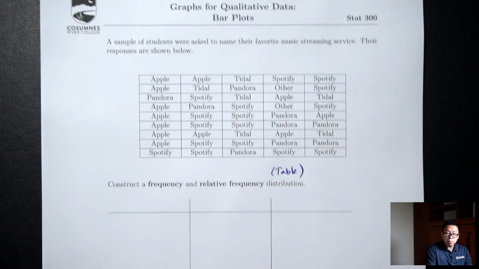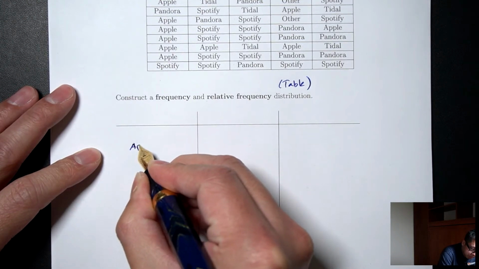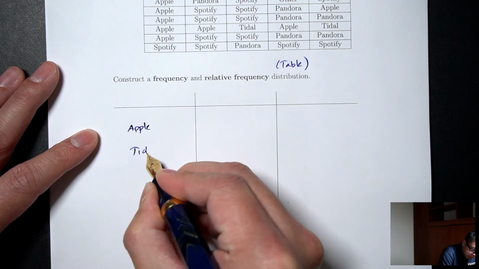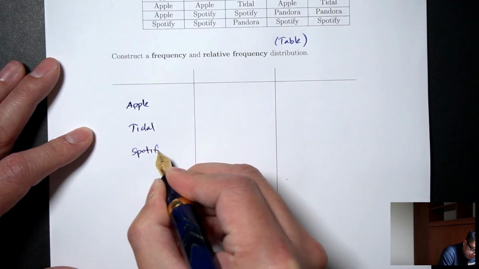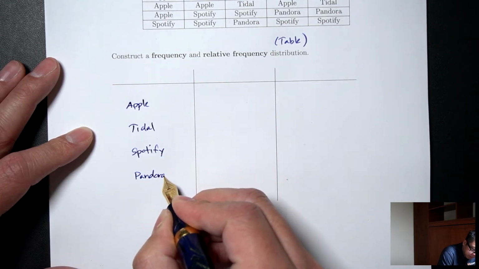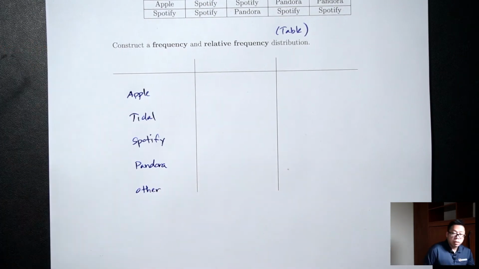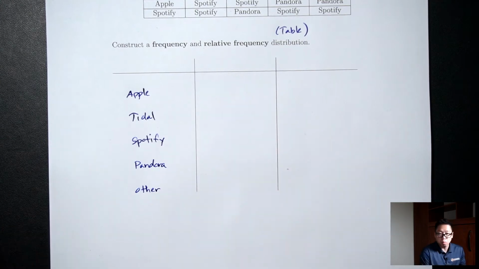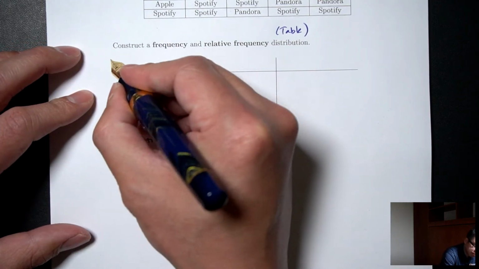So my possible data values are Apple, Tidal, Spotify, Pandora, and other. Let me title this column. So Apple, Tidal, Spotify, Pandora, other. What are these? These are all music streaming services.